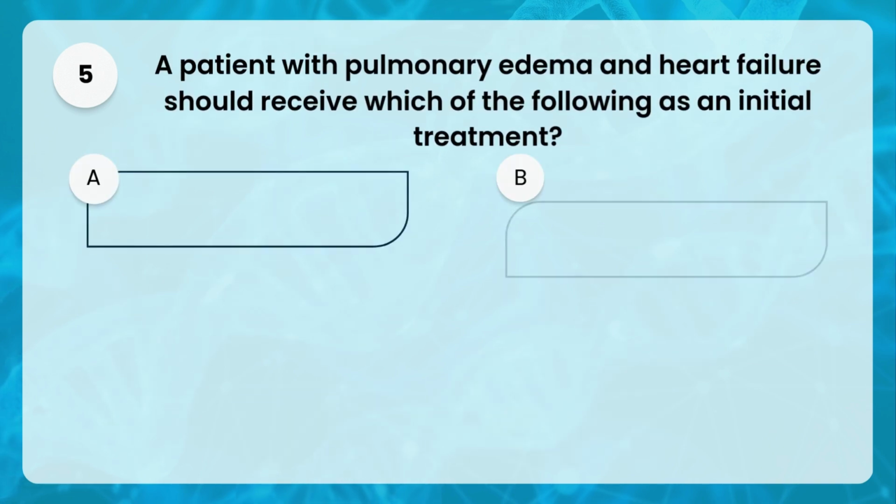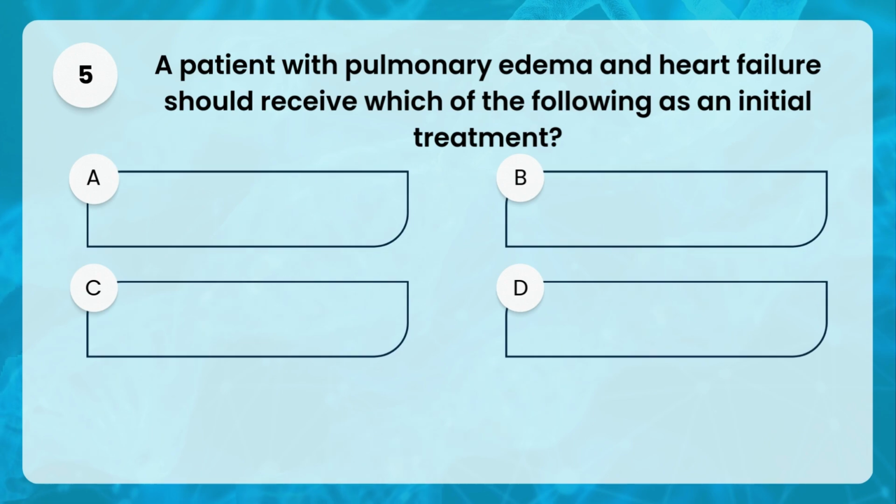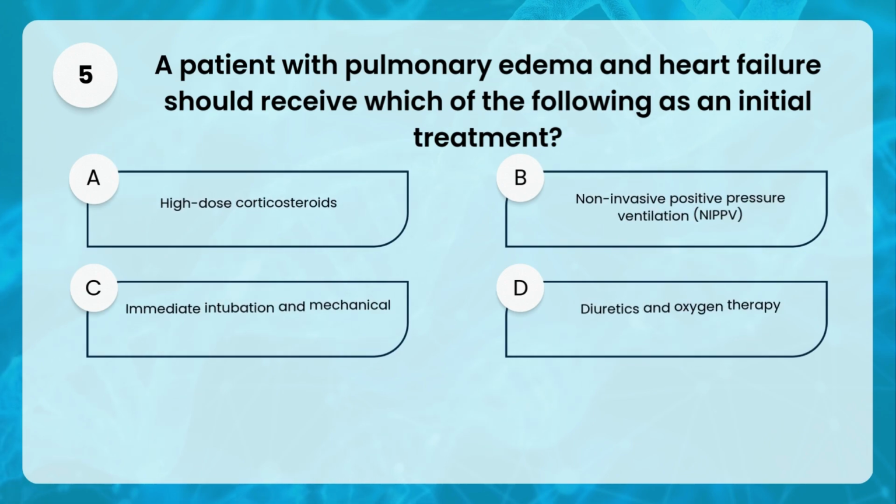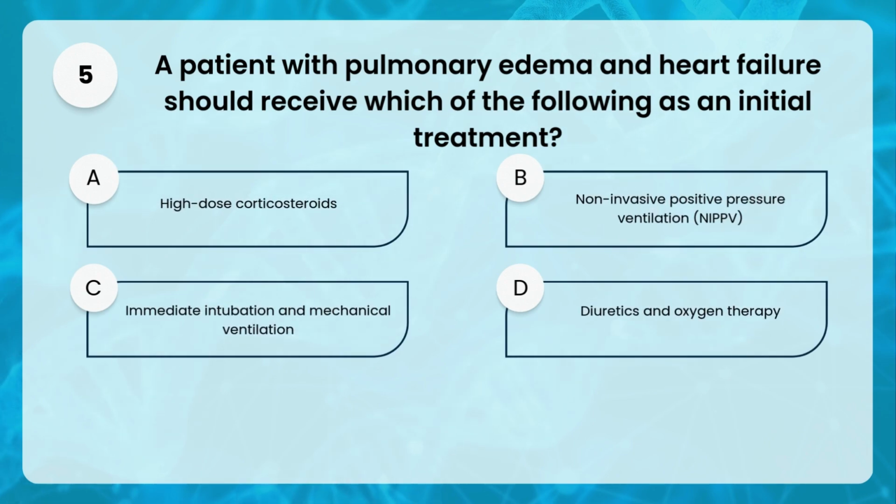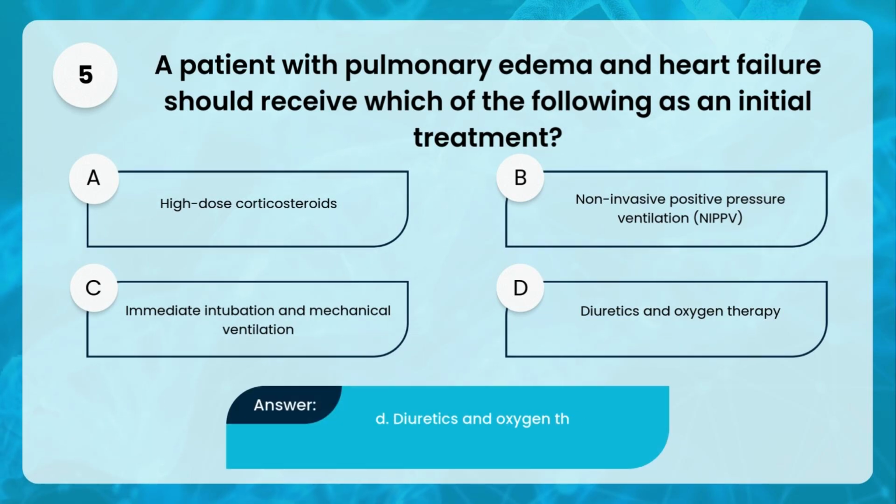A patient with pulmonary edema and heart failure should receive which of the following as an initial treatment? A. High-dose corticosteroids. B. Non-invasive positive pressure ventilation, NIPPV. C. Immediate intubation and mechanical ventilation. Or D. Diuretics and oxygen therapy. The answer is D. Diuretics and oxygen therapy.